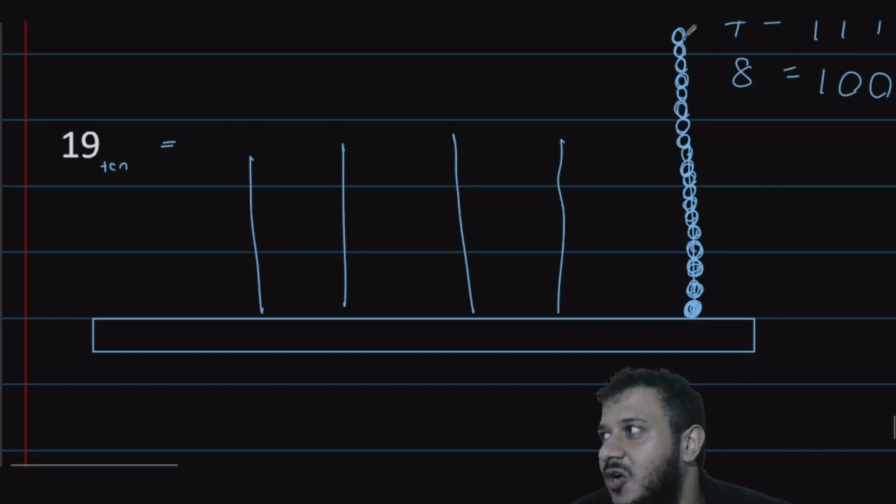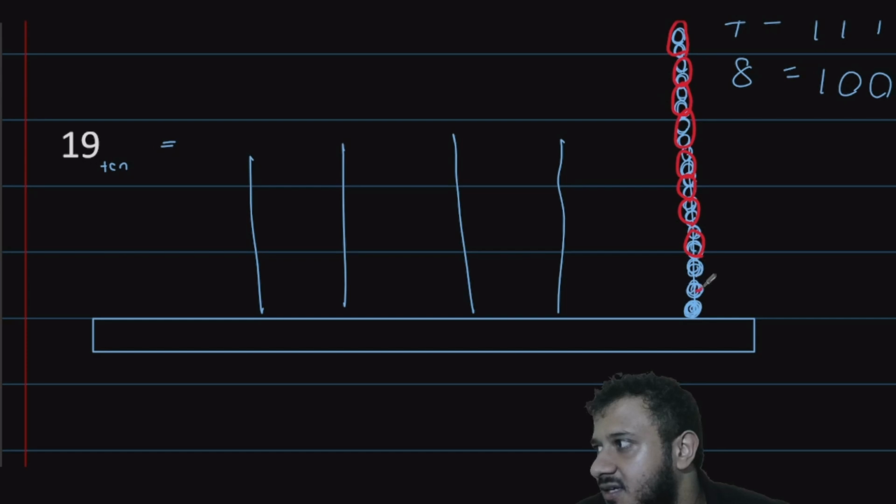First, you think about how many groups of 2's you can make. 1 group, 2 groups, 3, 4, 5, 6, 7, 8, 9 groups of 2's you can make. That 9 will go to the neighbor, and these dots will cancel out.